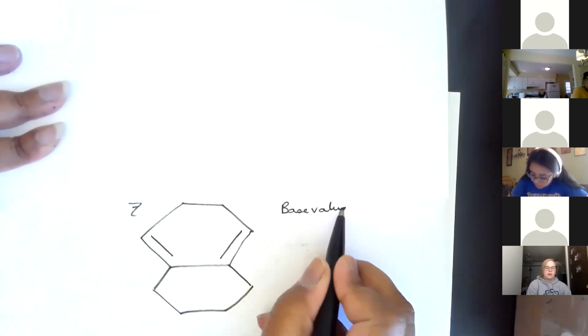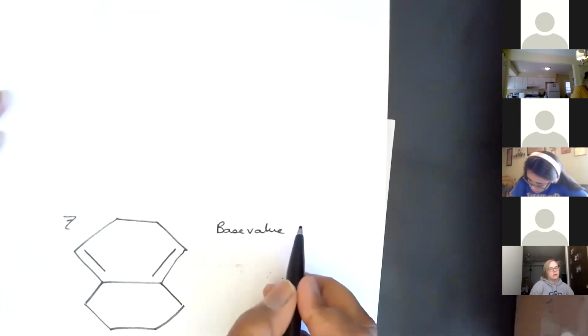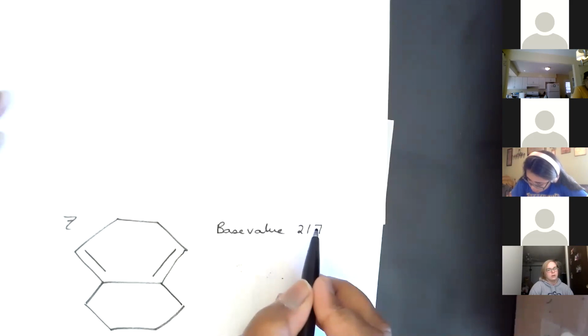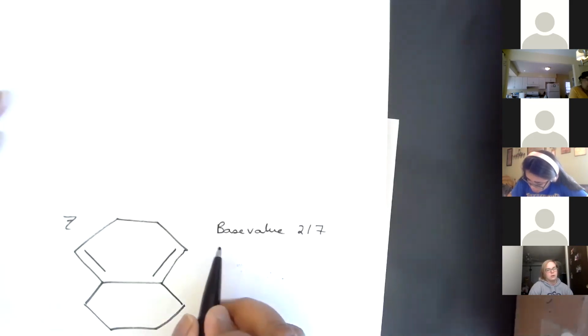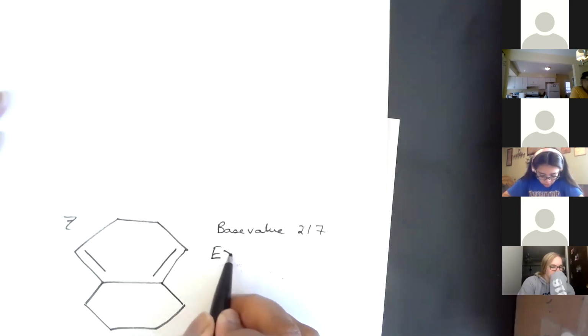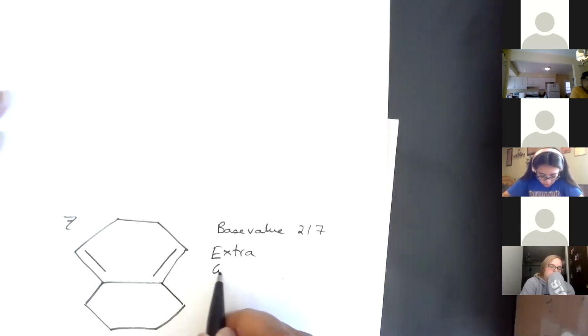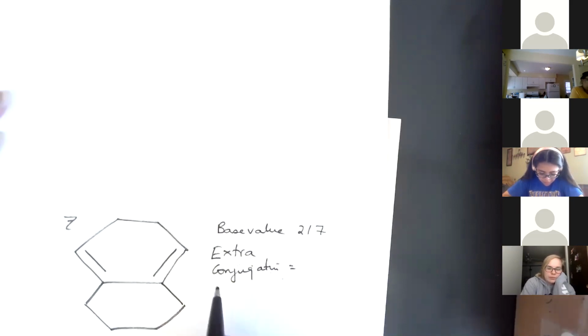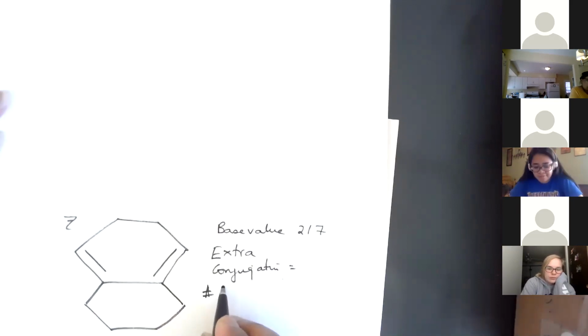Let's use our own base value if you want to. It's 214 or 217, okay? And then is there extra conjugation? Number of alkyl groups.